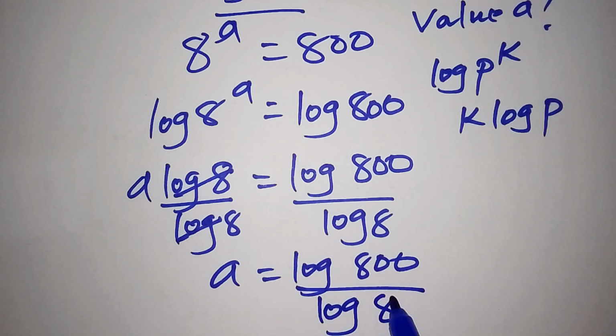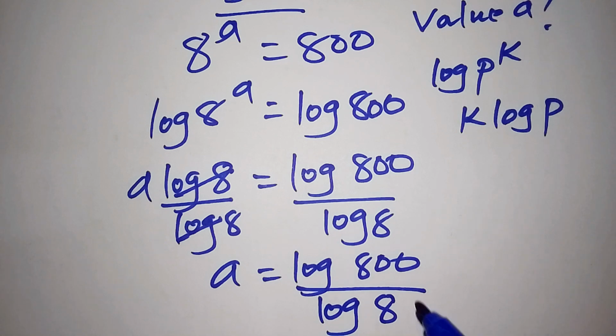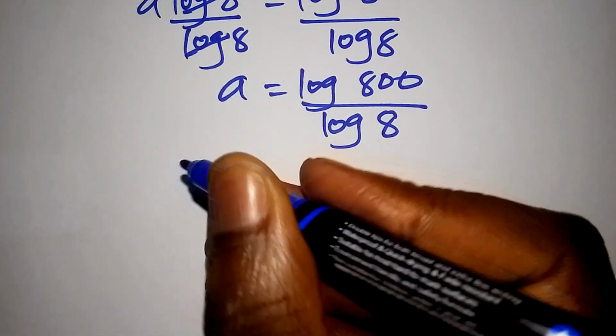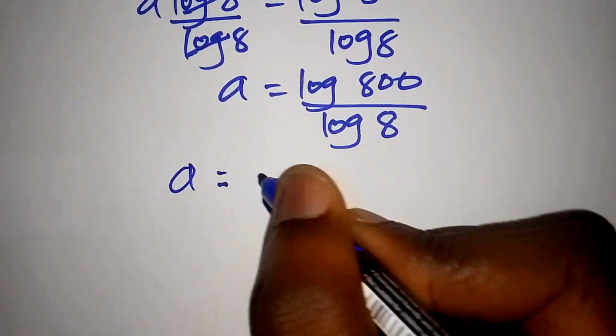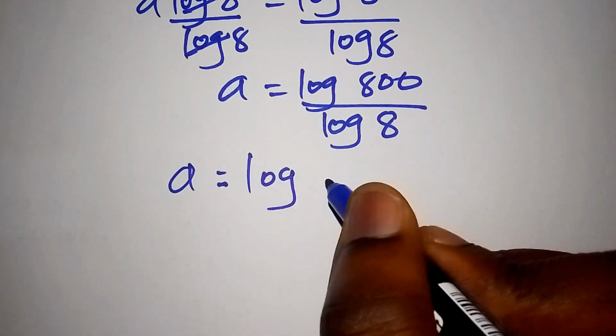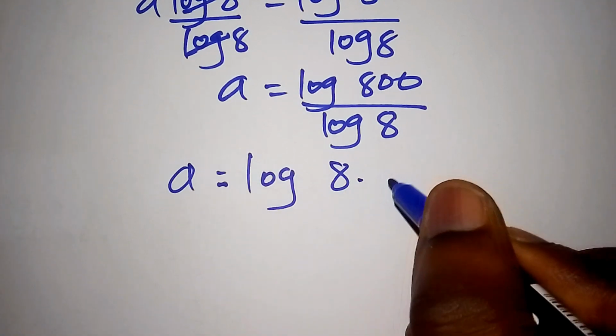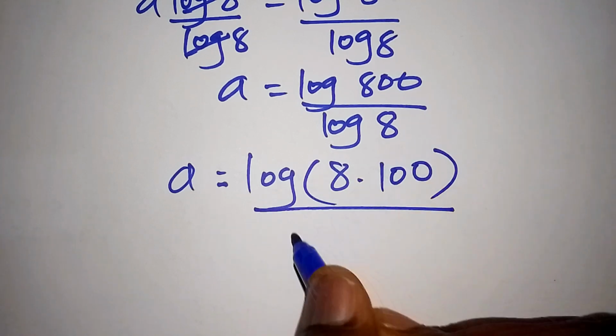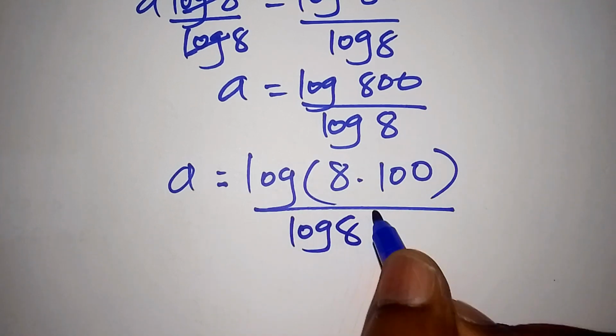So now we shall not stop there, but we shall proceed and factorize log 800 all over the log of 8. So how do we do that? This is how we work it out. So now a is equal to, the log of 800 can also be written as the log of 8 multiplied by 100, all over the log of 8.